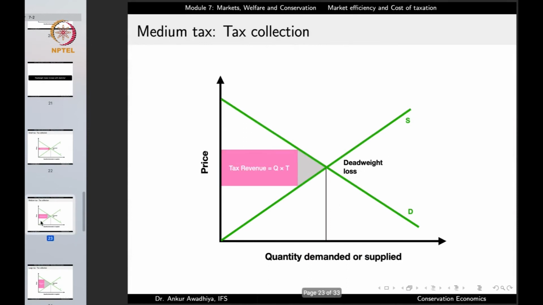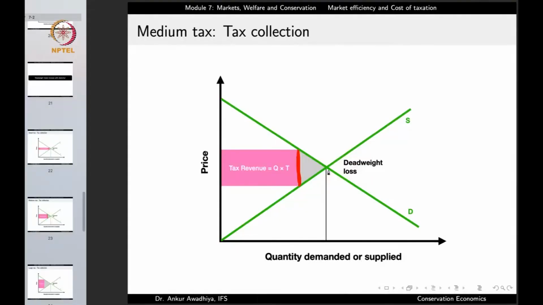Now, if government increases the value of T, that is, the government is increasing the tax size, so now we have this much of T. This is now the size of T. Now what happens? When the T is increased, Q decreases, because with more and more taxation, it becomes less and less lucrative for the buyers and the sellers to undergo the transaction.